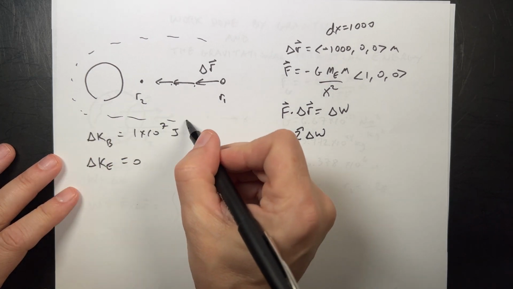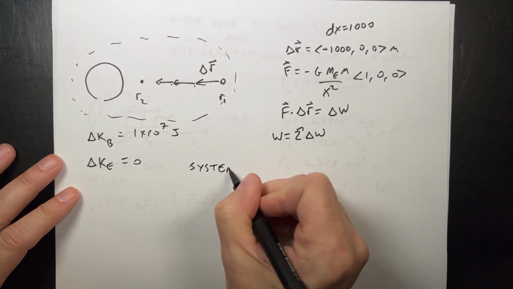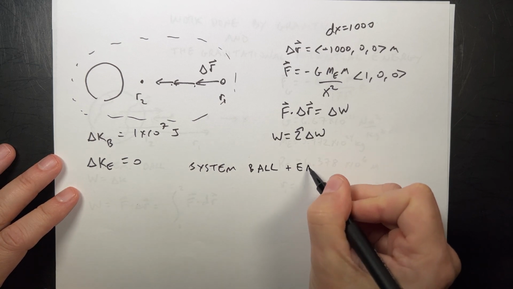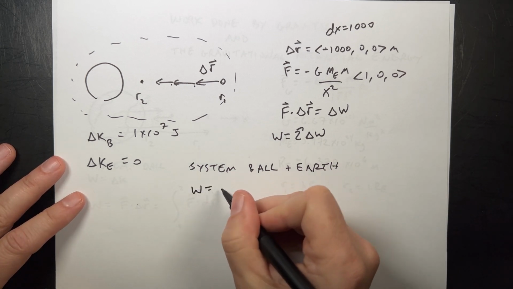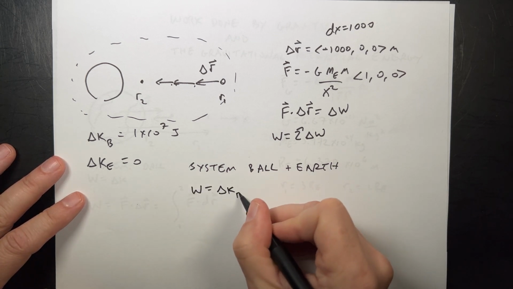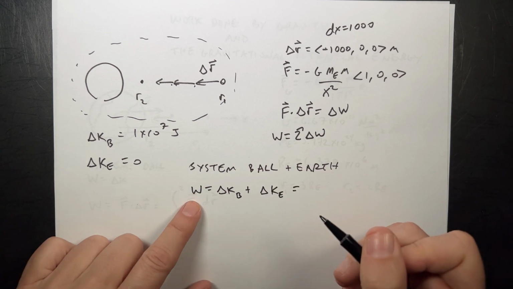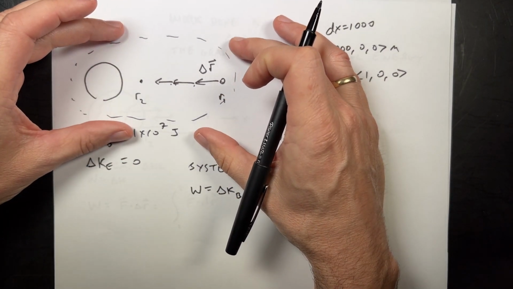Now let's take the system of the ball plus the Earth. In that case, I can say work is the change in kinetic energy of the ball plus the change in kinetic energy of the Earth. And in this case, if I think of this as my system, what forces are acting on the system?